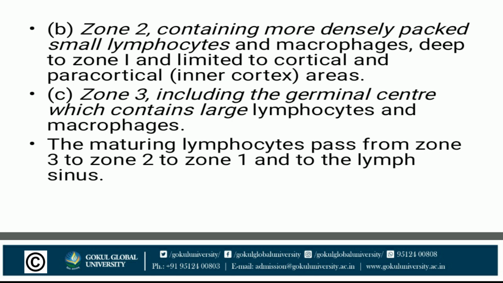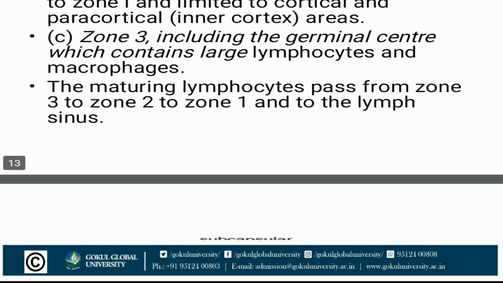Zone 3 includes the germinal center, which contains large lymphocytes and macrophages. The maturing lymphocytes pass from zone 3 to zone 2, 2 to 1, and the lymph sinus. Okay.